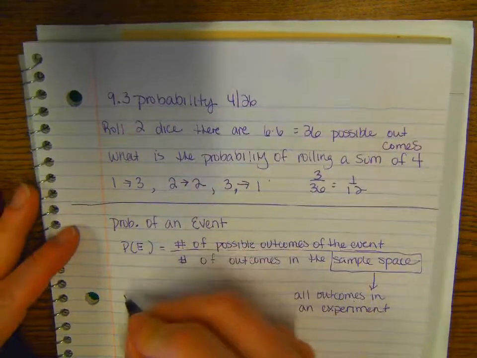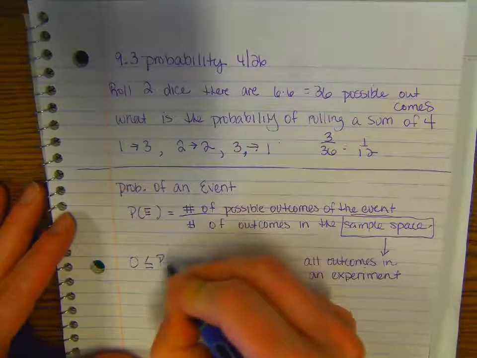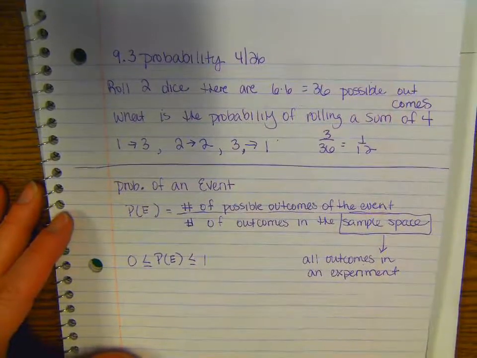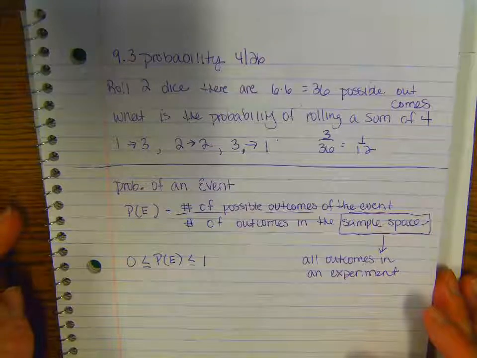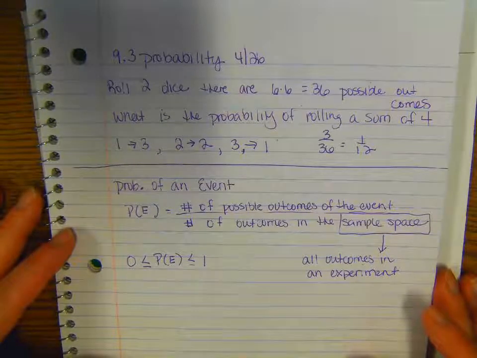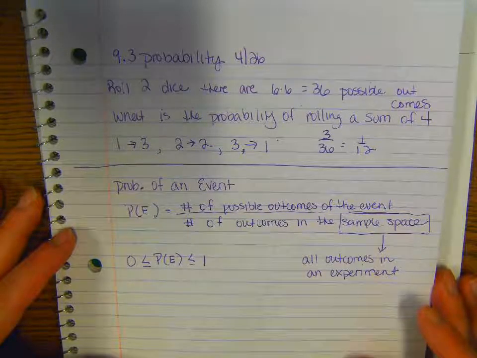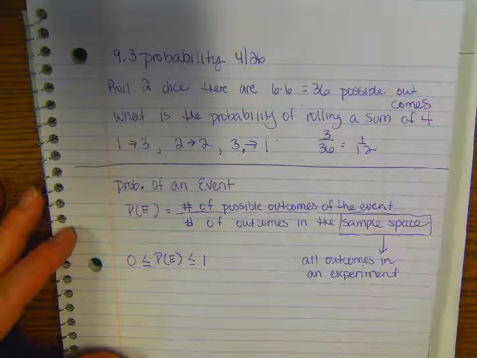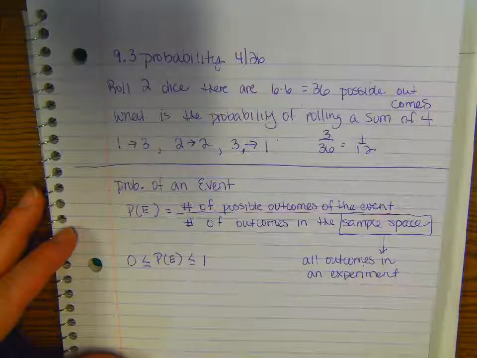So probabilities have to be greater than or equal to 0 and less than or equal to 1. If you found all of the possibilities in a sample space, the sum of all those probabilities to be valid should equal 1.